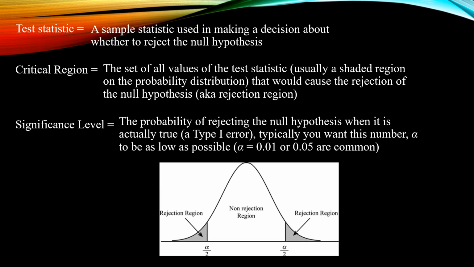And so when you draw your probability distribution for your claim, this is a two-tailed test that I've drawn here. So it might be the one where they've claimed that the mean lifetime is equal to 24 months.